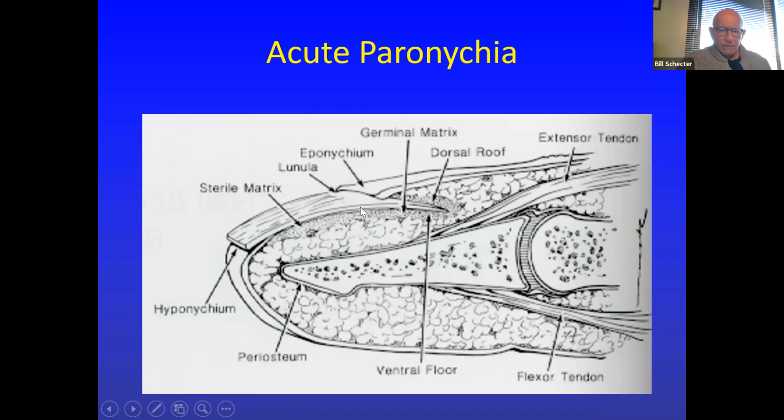But here's the eponychium, which is that skin fold over the nail. And then you have the nail itself and the nail matrix, and then you have basically this fatty tissue with lots of strands of fibrous tissue going through the fatty tissue, connecting to the distal phalanx.